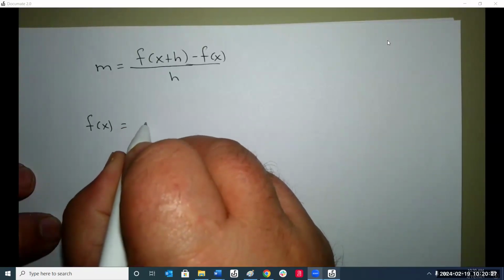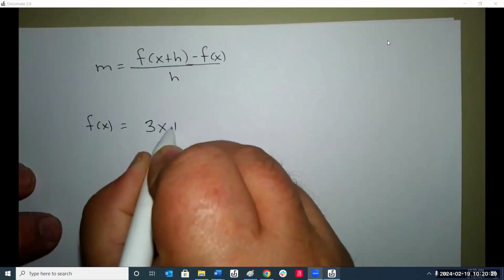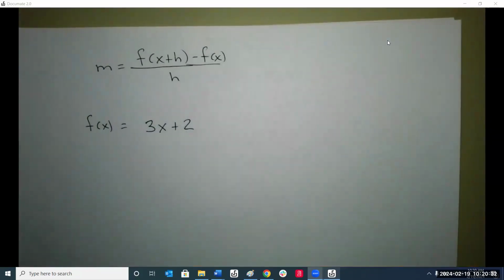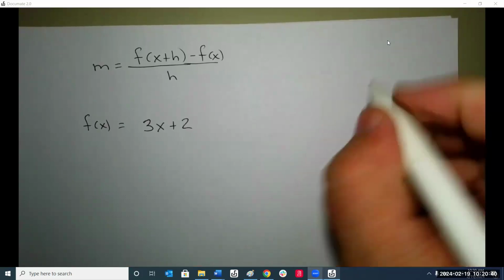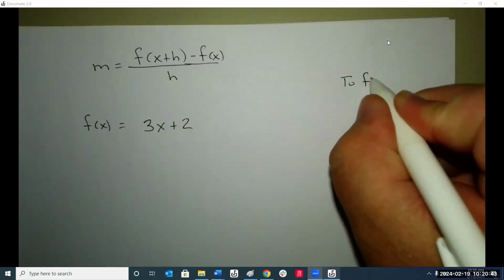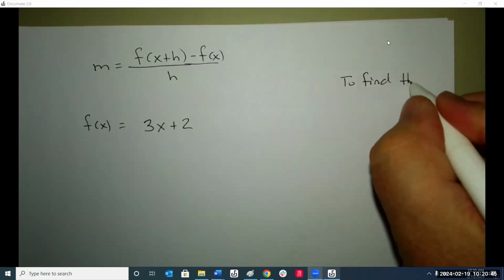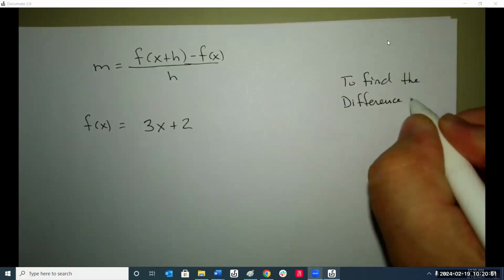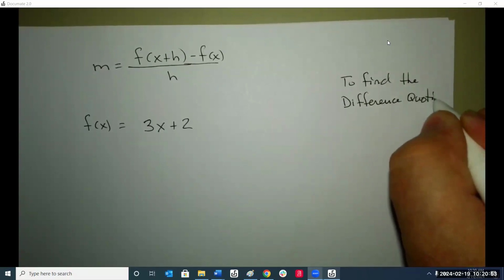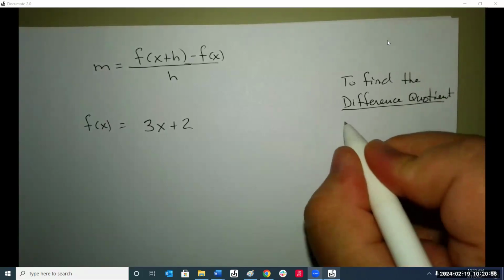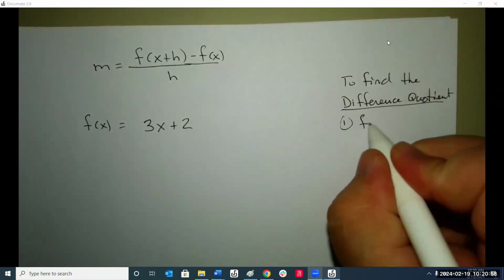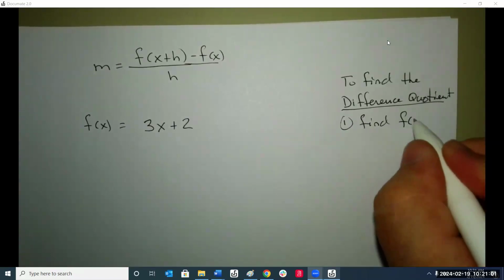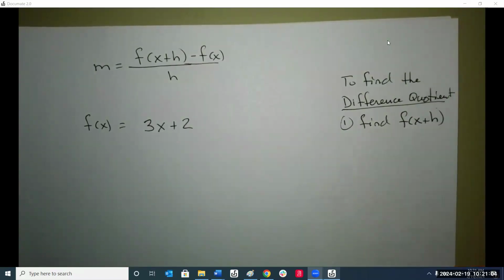Let's try 3x plus 2. Find the difference quotient. To find the difference quotient, first step, find f of x plus h.